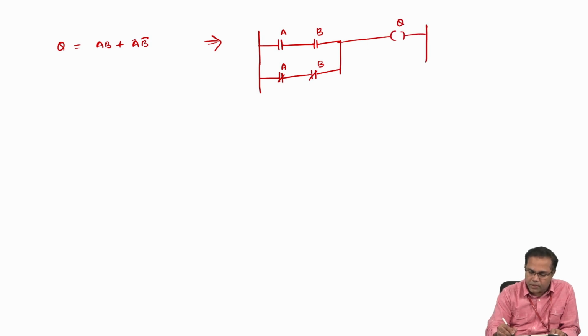This is our Q, and Q is nothing but our lamp, and A is switch 1, B is switch 2, and Q is the lamp.